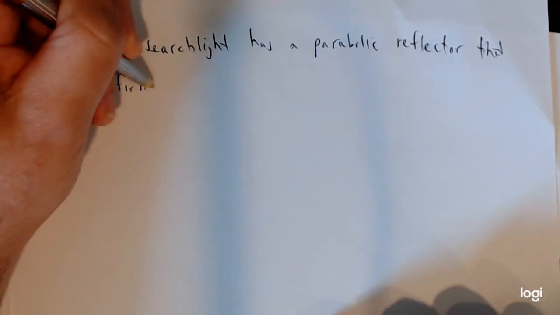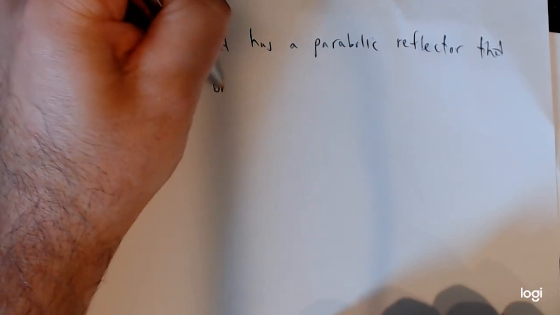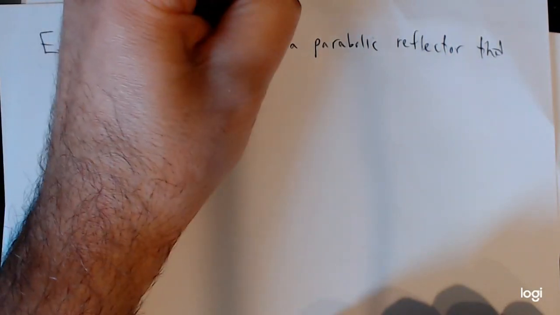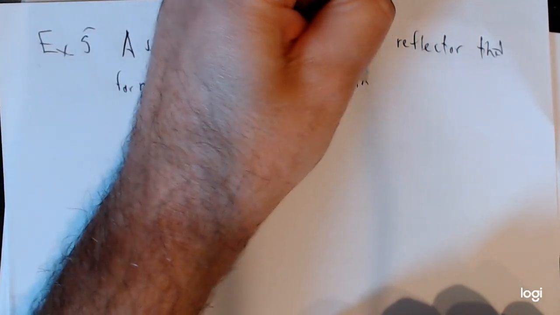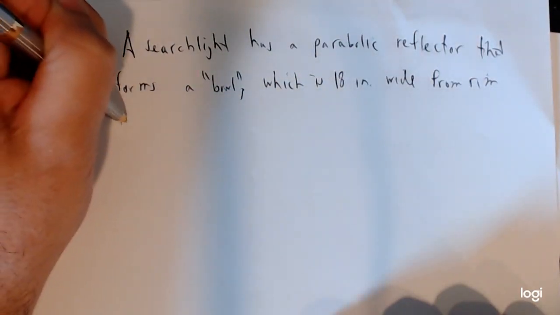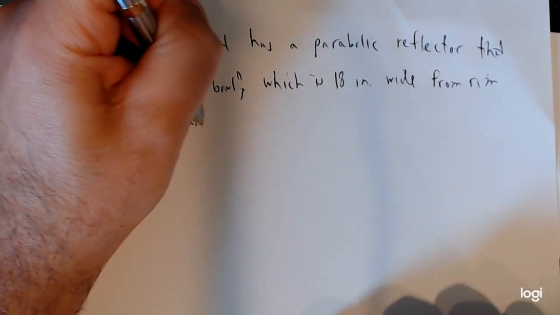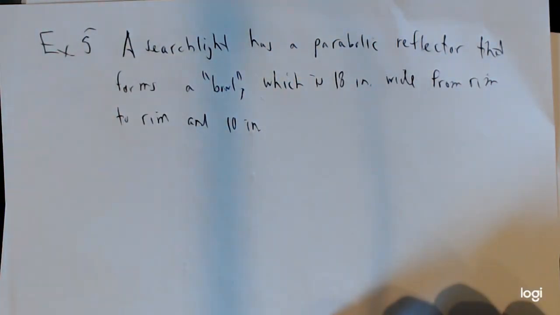Okay, so the last example I want to do is a word problem, which is an application. So we would say that a searchlight has a parabolic reflector that forms a quote-unquote bowl, which is 18 inches wide, or from rim to rim, and 10 inches deep.